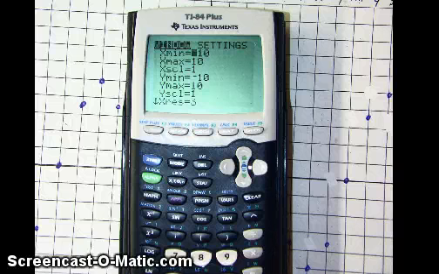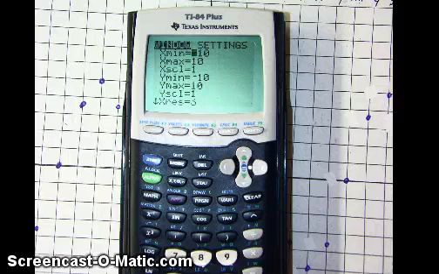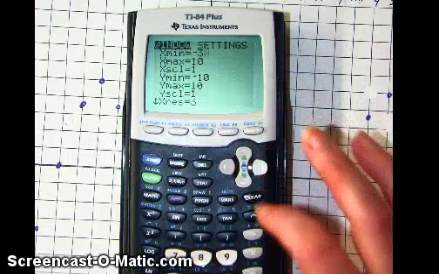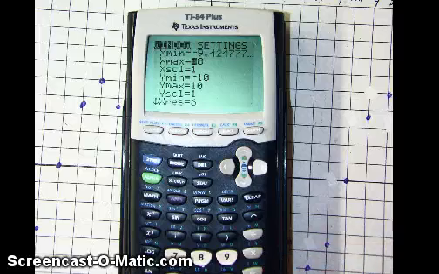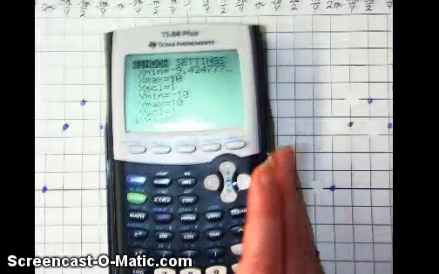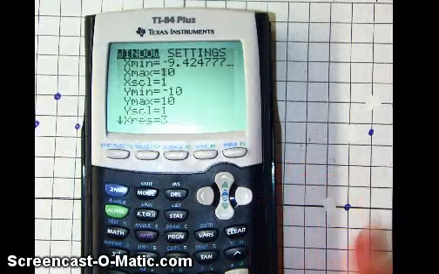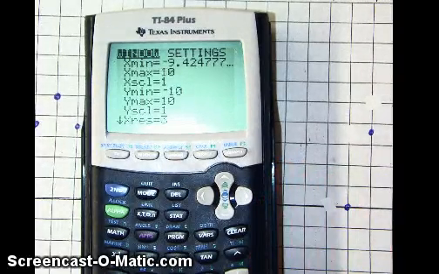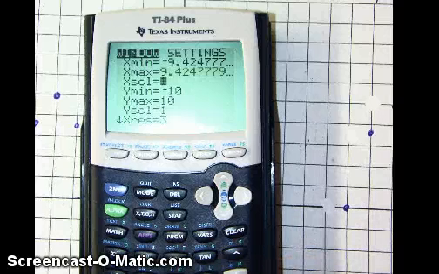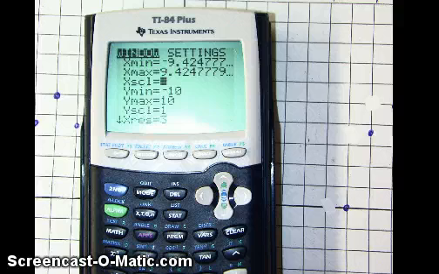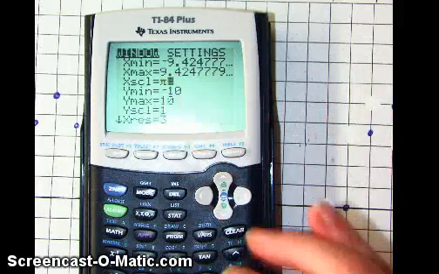So on my left, I've got -3 pi. When I press enter, it puts it in decimal form. My x max on the right is +3 pi. The x scale, well, each block as I've set it up on your graph paper is worth pi over 4.